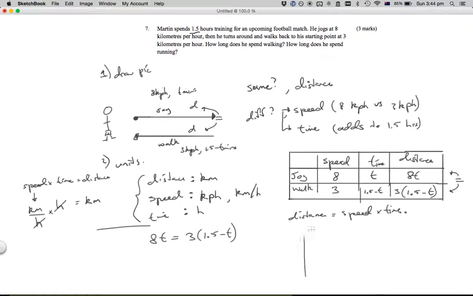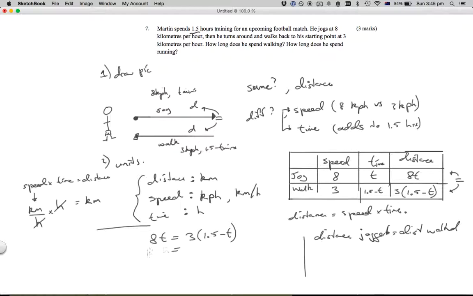And that is to say, distance jogged equals distance walked. That's all I've done here. I've said the distance jogged is equal to the distance walked.